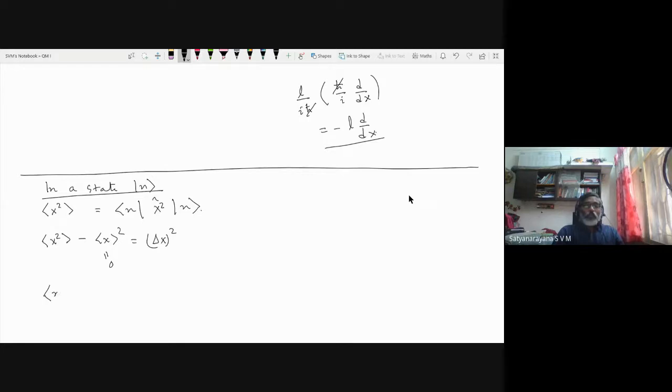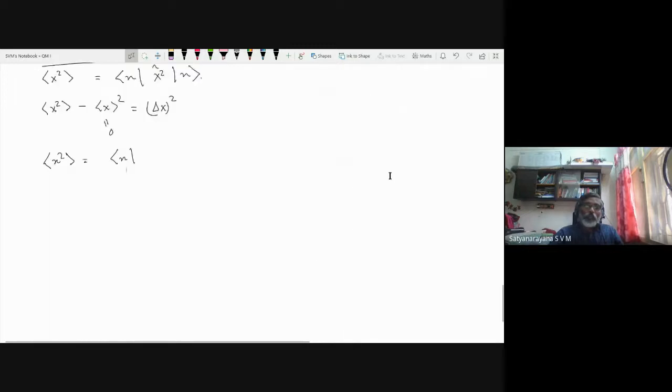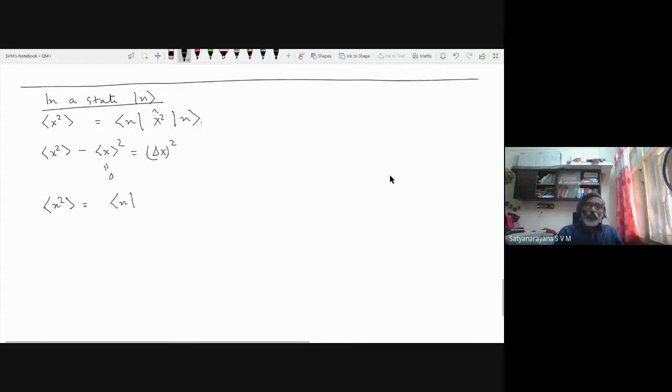So you write down ⟨n|x²|n⟩, where x is given by the factor √(ħ/2mω) times (a + a†). So you write this as (a + a†) the whole square, times ħ/2mω.